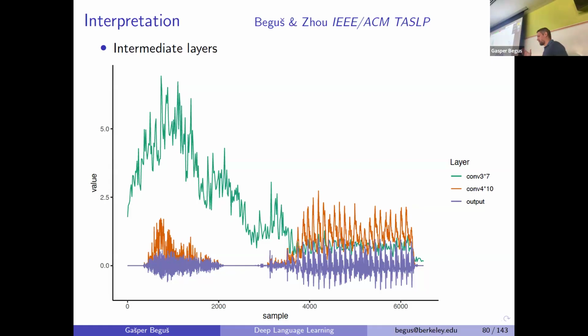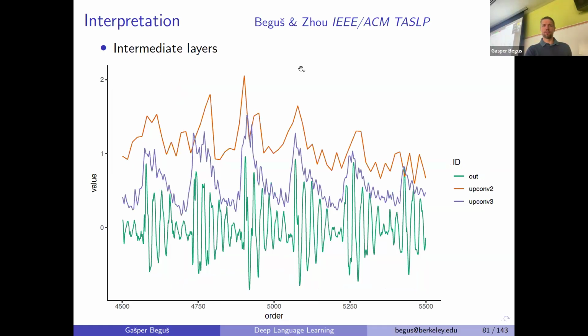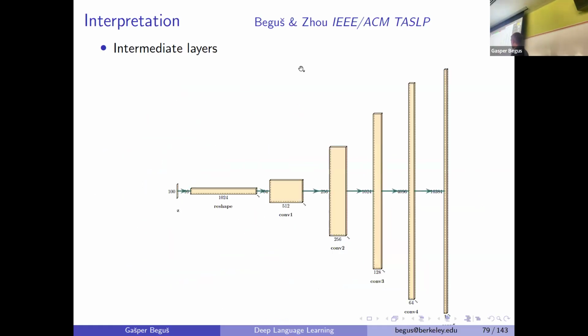Okay, so we saw the structure of the network. Of course, there's a Nyquist frequency at each layer, right? So at this layer, you can encode everything below 8,000 hertz, which is basically our speech. Here it's below 2,000 hertz. Here it's below 500 hertz, right?